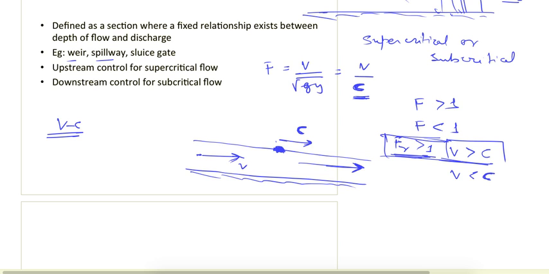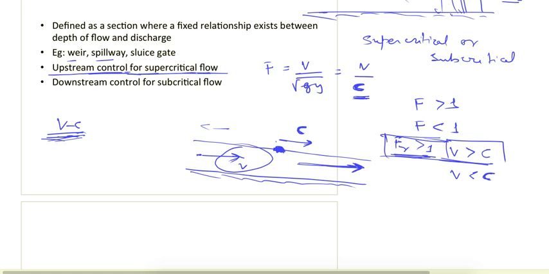So from here we decide that upstream is the control section for supercritical flow. Fr greater than 1 means it is a supercritical flow, and in this case, if the velocity of the stream is greater than the velocity of disturbance, the disturbance will be propagated downstream at a net velocity of v minus c, but it will not go upstream. So the upstream is the control section for supercritical flow.